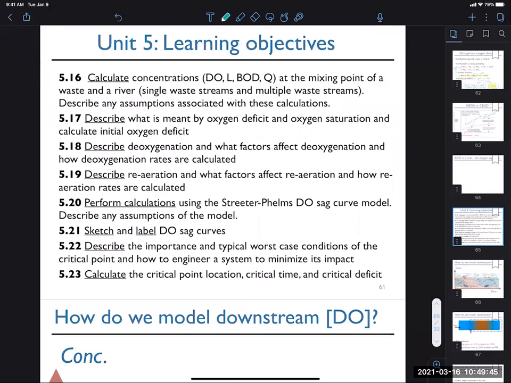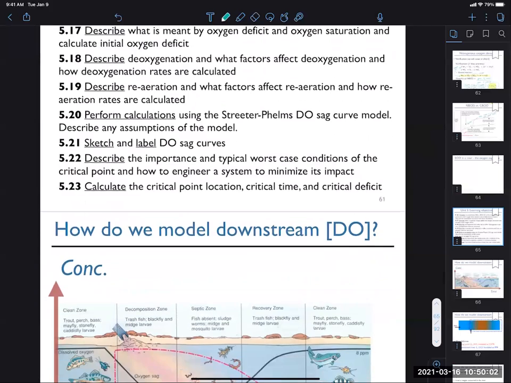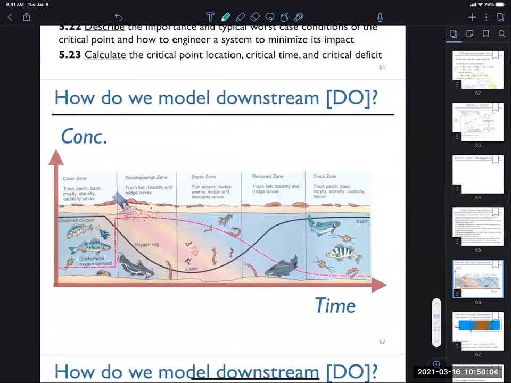The big picture, again, I've said this before, and so I feel like I'm repeating myself, but ultimately what we want to do is to be able to model the DO attenuation and then rebound within a stream. So how do we do this? Well, we're engineers. We've learned about our mass balances.